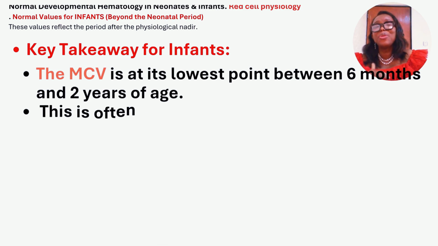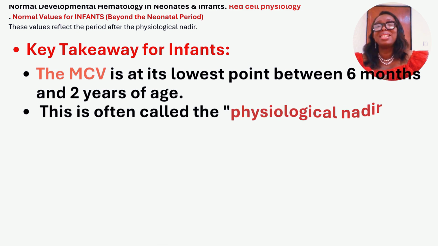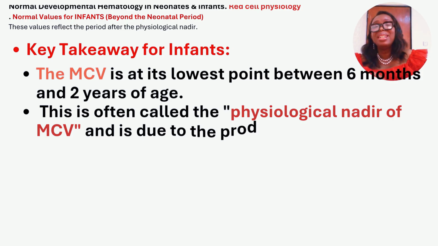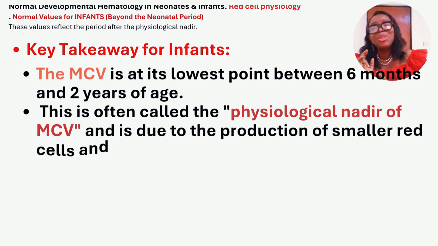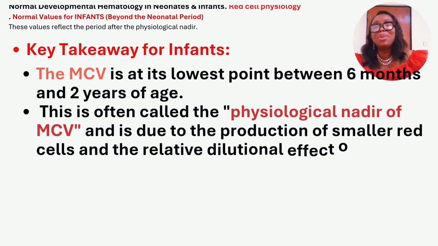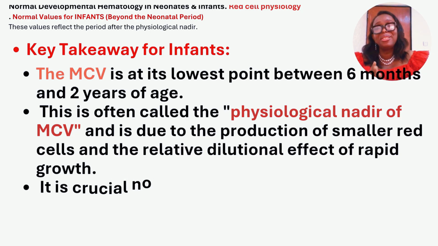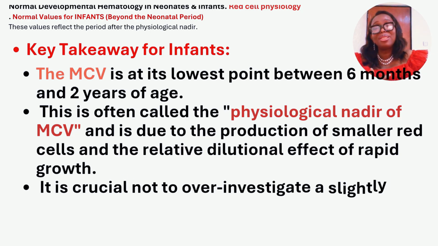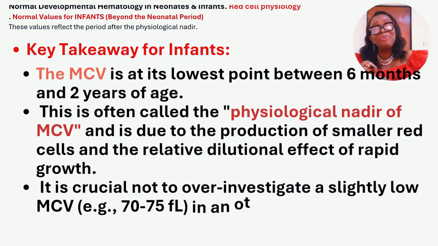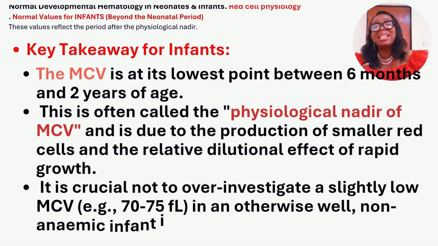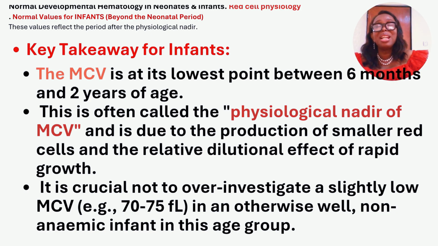The key takeaway from the table that we have just looked at is that number one, the MCV is at its lowest point between 6 months and 2 years of age. This is often called physiological nadir of mean cell volume, and it is due to the production of smaller red blood cells and a relative dilutional effect of rapid growth that is normally associated with infants.